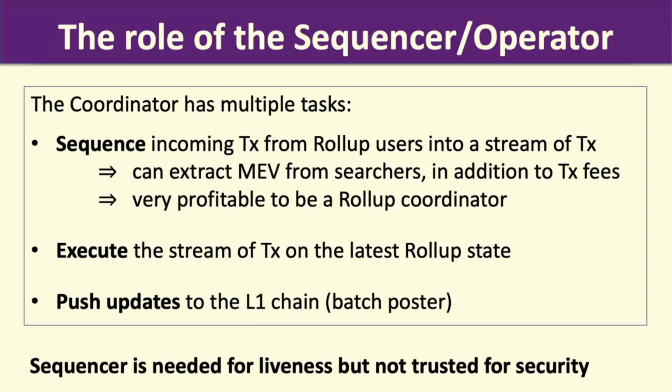So even if they act maliciously, or even if the rollup company goes bankrupt, we want to put things in place such that the system can continue to operate or at least recover from that state. This is the key difference from a traditional Web 2 world or a traditional finance world to a rollup world.